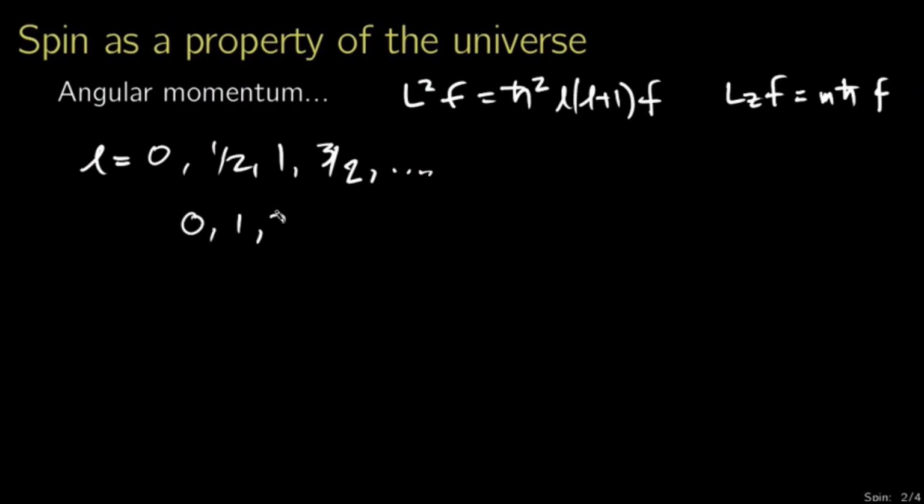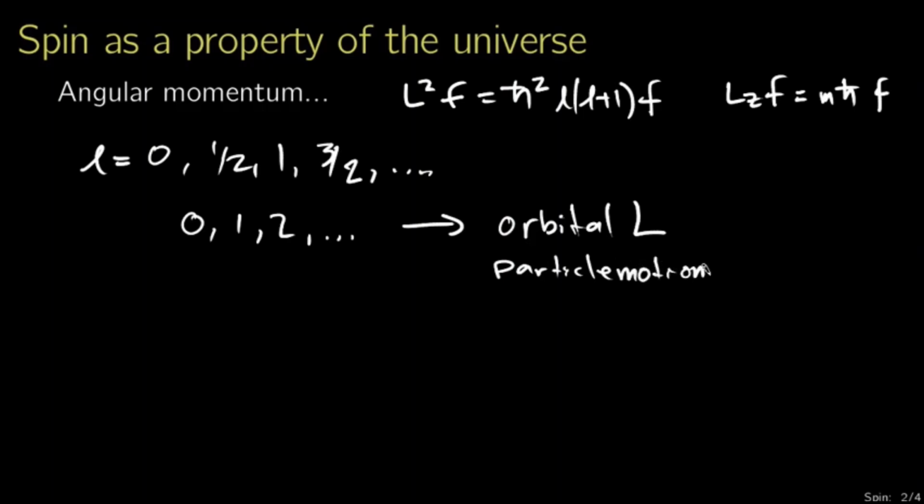If I look at just the integer values, those describe orbital angular momentum, the angular momentum of a particle as it moves in a circle around a focus, for instance, around a center. So now we're talking about particle motion.